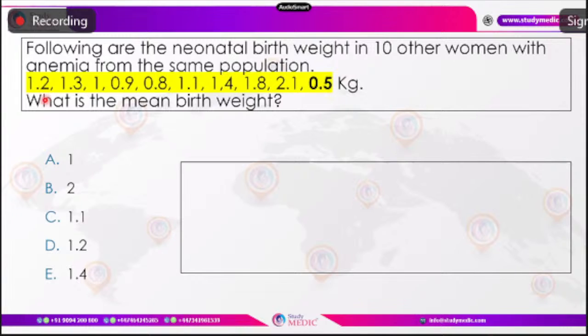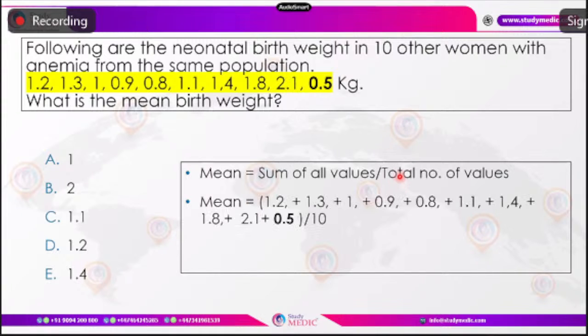When we add and divide the sum of all values by the total number of values, the total will be 12.1 divided by 10, and the mean is now 1.2. Earlier the mean was 1.4 kg. Now the mean is 1.2 kg. Why? It is because a neonatal birth weight of 0.5 kg has been recruited in this.